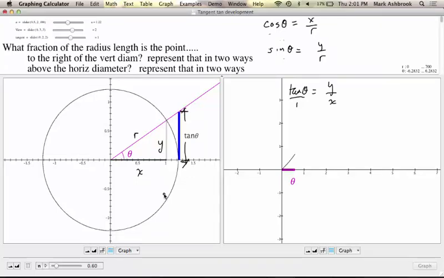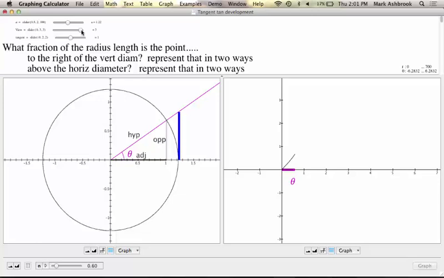Do you see it? Okay, so then we've got this right triangle here, and we've got some names based on the right triangle and based on what that angle is. The hypotenuse is the long side, opposite the right angle.